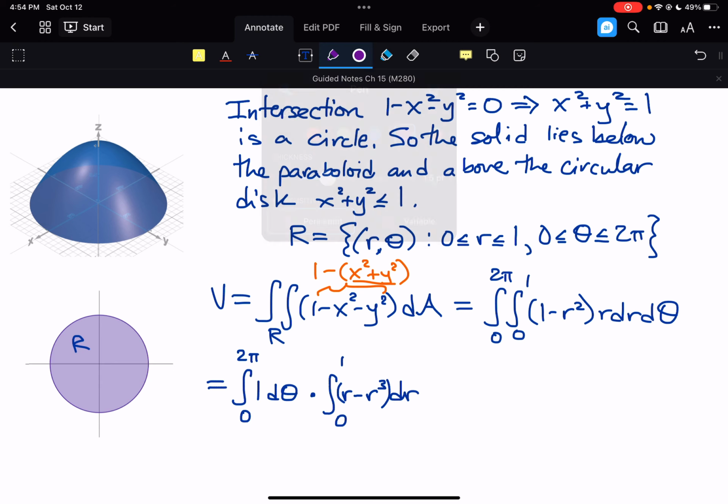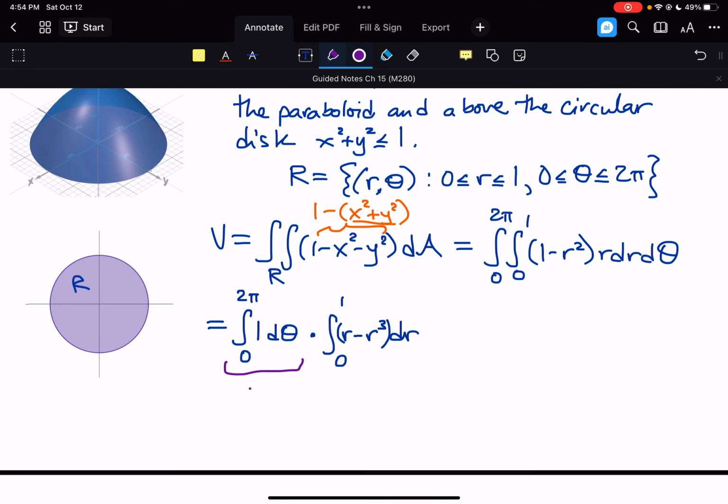This integral, when we evaluate, gives us theta evaluated from 0 to 2 pi, which is just 2 pi minus 0, so just 2 pi. So we end up with just 2 pi times the integral with respect to r.